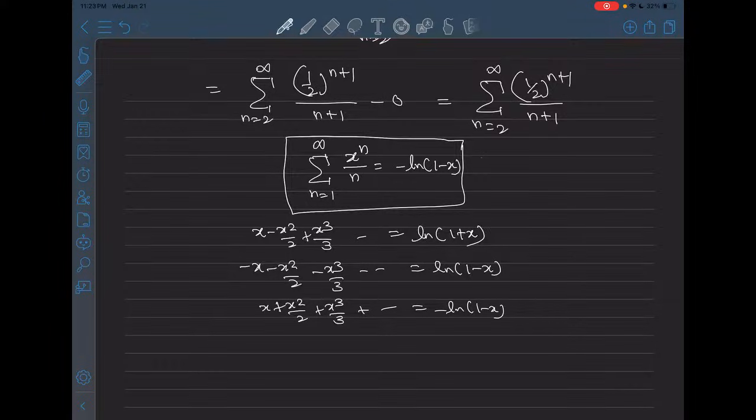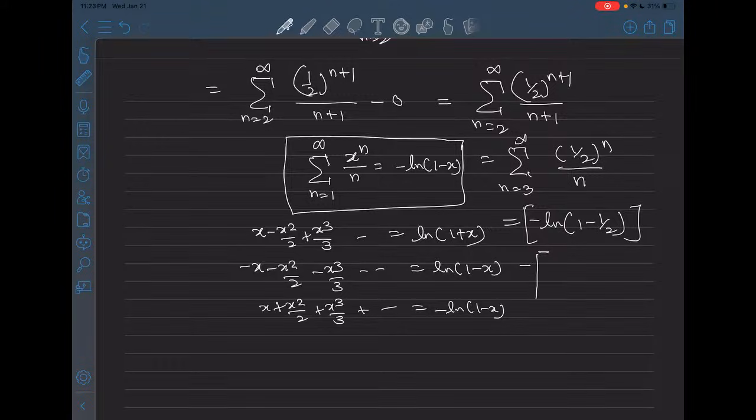So, okay, now we are there. Now I can write this as the sum from n equals 3 to infinity of half to the power n by n. If it was from 1 to infinity, that would have been minus ln of 1 minus half. But because n equals 1 and n equals 2 are absent, we have to subtract those. For n equals 1, we have half to the power 1 by 1.